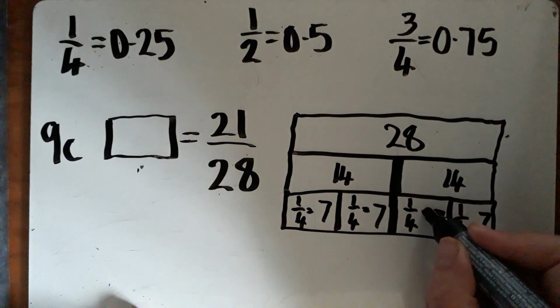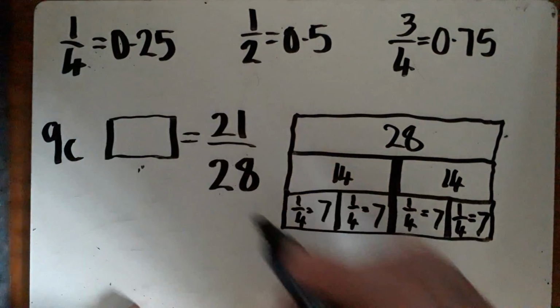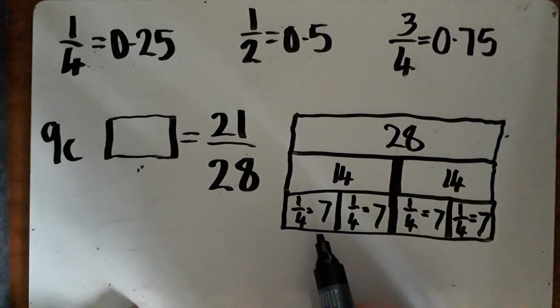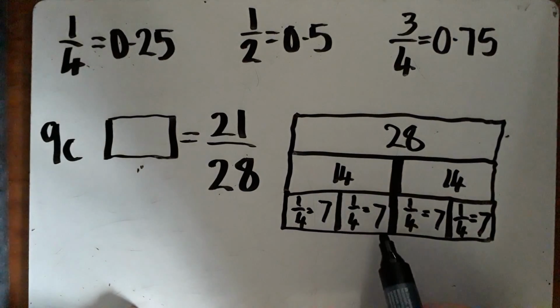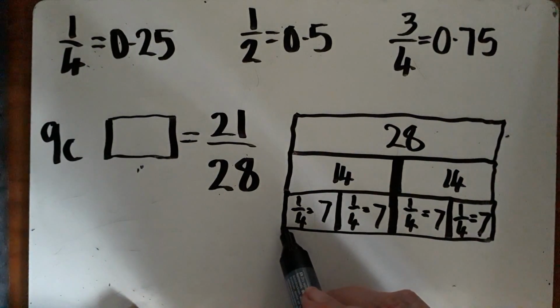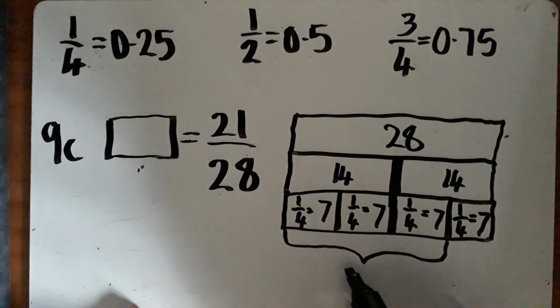Okay, and I know that I've got 21. Okay, so if we count up in sevens, it goes 7, 14, 21, 28. So I know that I have this many quarters, so 3 quarters.